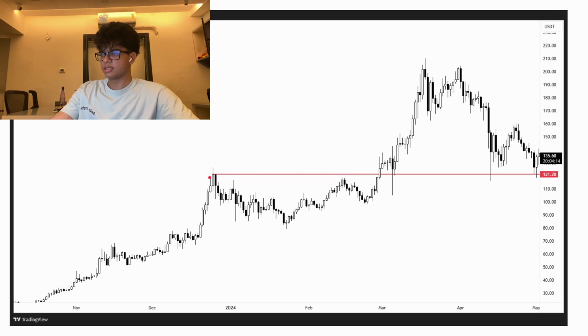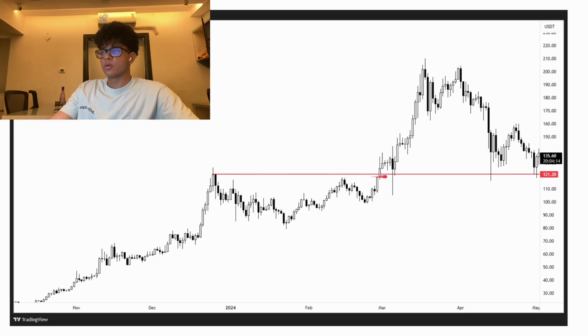So you put a resistance line here, and then price comes up here and goes down because there is a resistance here. Then when it finally breaks out of here, it retests this level and it goes up. This is what you'd call a breakout. It breaks out of this level, retests this, and goes straight up until it again retests it later.